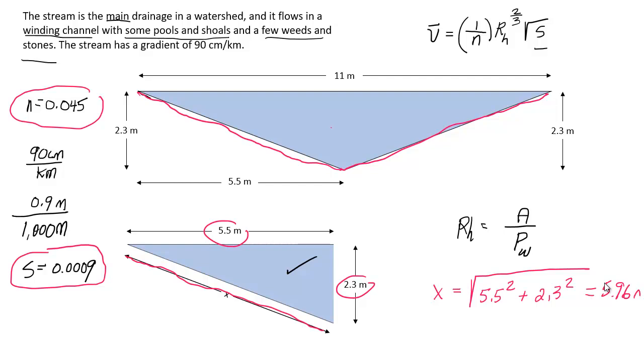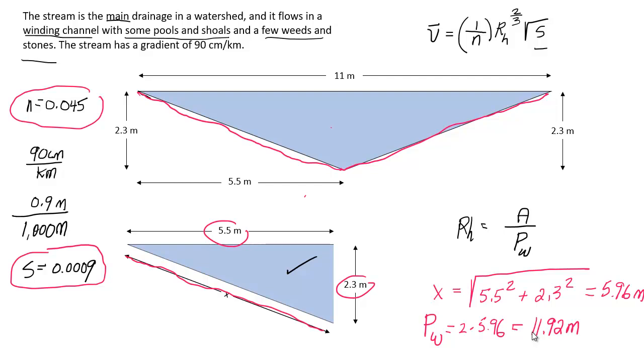And we need 2 of those, because there's one for each half triangle here. So the total wetted perimeter is equal to 2 times 5.96, or 11.92 meters.